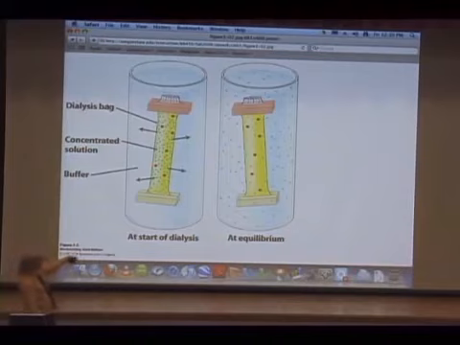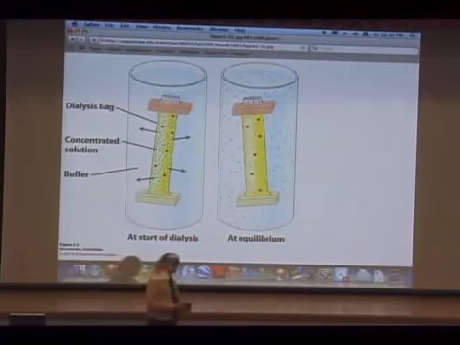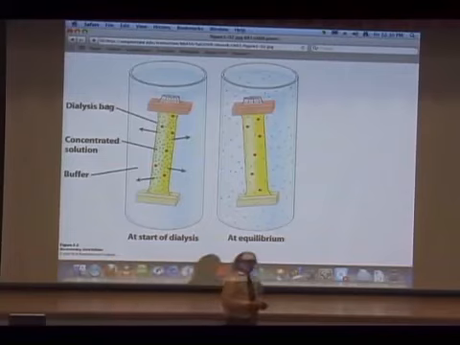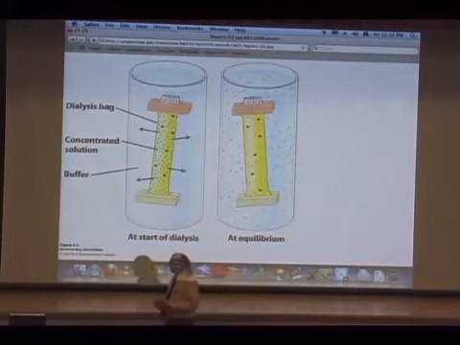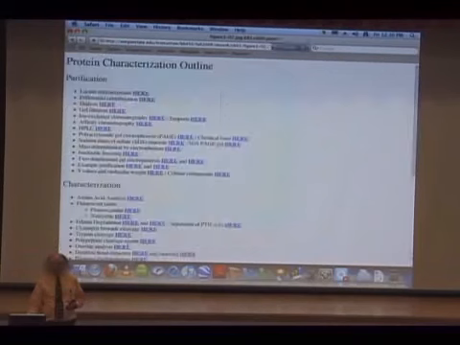They will diffuse so that the concentration of the small molecules will basically equal each other around the sides. The large molecules, the proteins, are too big to get through those holes, so they stay inside. I've therefore removed an awful lot of the small molecules from my protein. So dialysis is very straightforward, very simple, and it works basically on osmotic pressure.